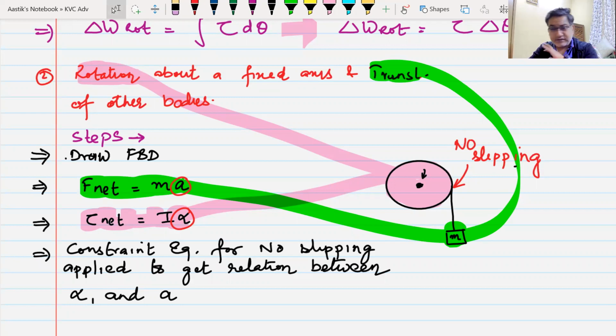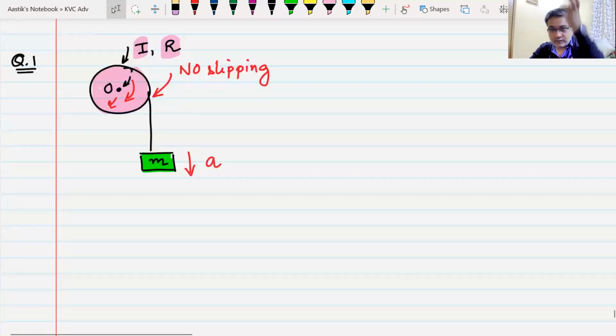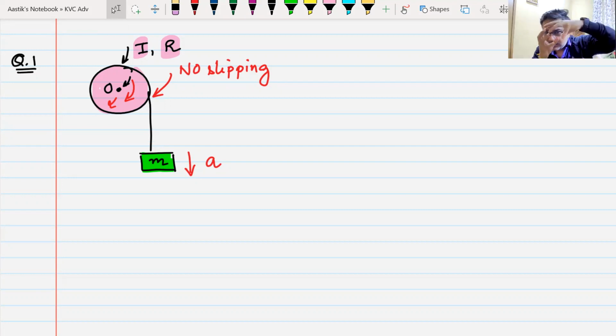Take your time. There is nothing new. You have already made the equation of a block hanging from a rope. You've already made the equation of a disk which is rotating. The only thing you have to do now is to put them together. You have done so many questions where there were two blocks attached to a string.